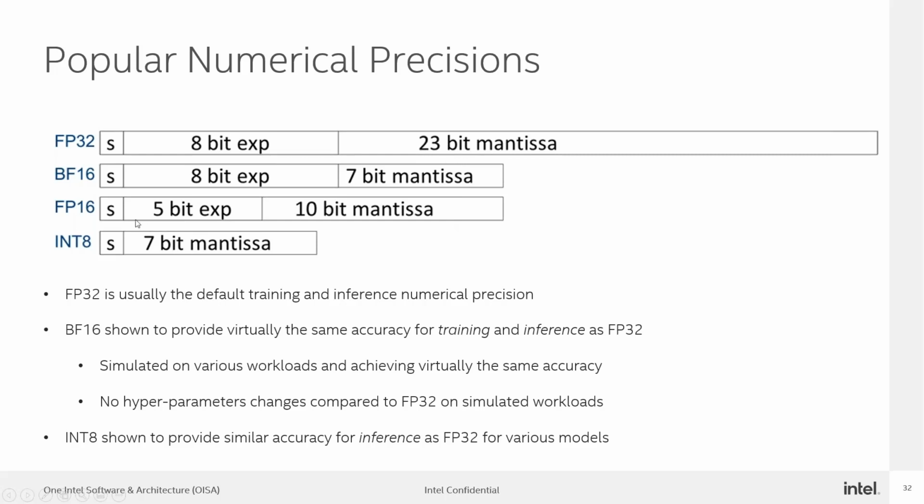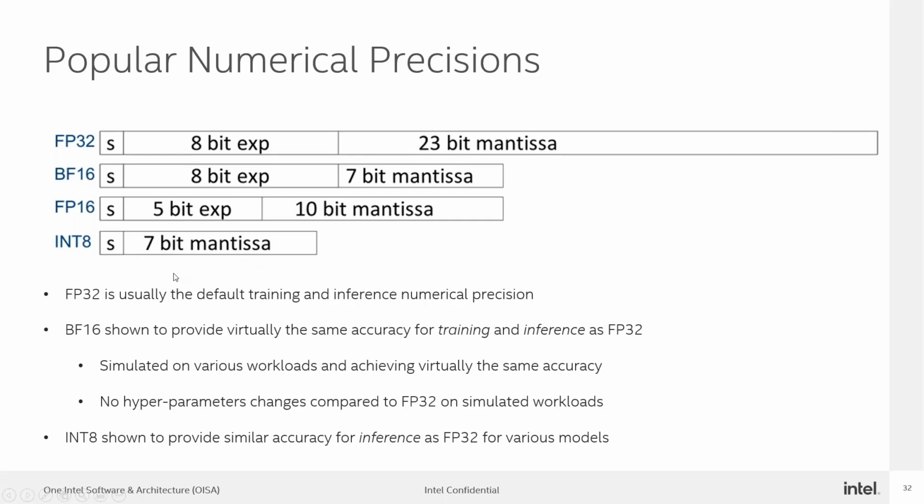So FP16 could have relatively higher precision compared to bfloat16, but from the compatibility perspective, bfloat16 is much better than FP16 if we take float32 as the base. And for int quantization, int8 has 1 sign bit with 7 bits for the mantissa, so 8 bits in total.